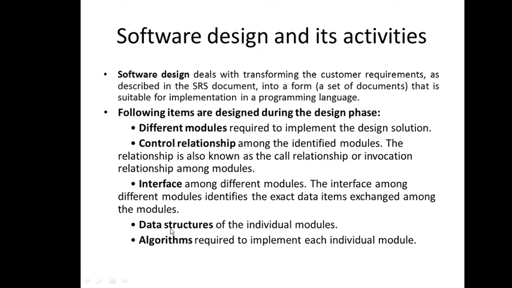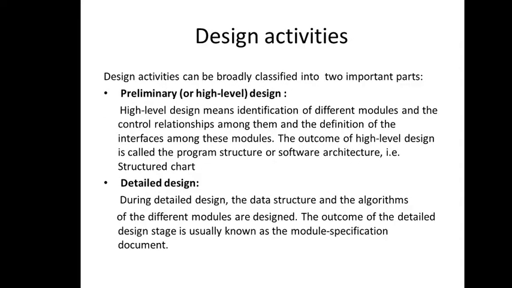Then we look at the data structures of the individual modules, how to implement them, and which data structures will be required for their implementation. Finally, we prepare the algorithm, that is the steps required to implement the solution. So these are the basic activities that we need to identify during designing.